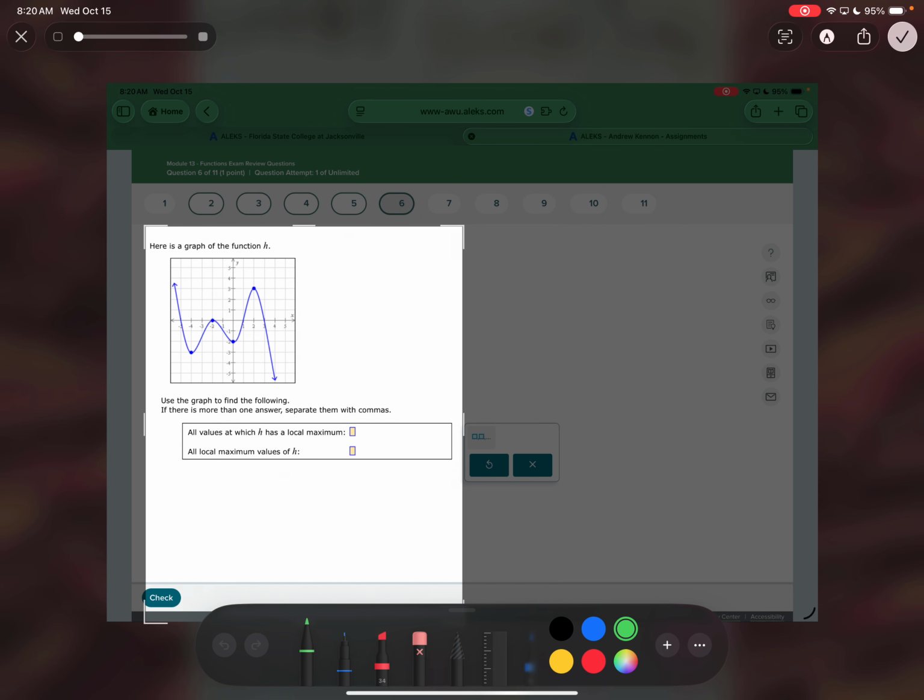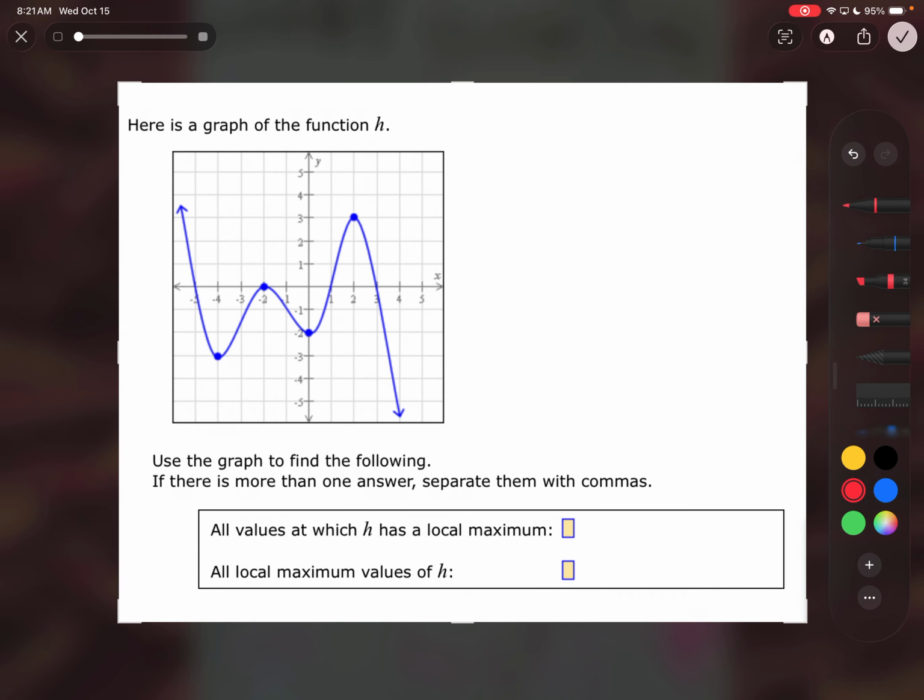Okay, this one: all the values at which h has a local maximum. So the local maximums are where it kind of peaks. Where it says "at," that is going to be my x values. X always tells me the location, Y tells me what it is.